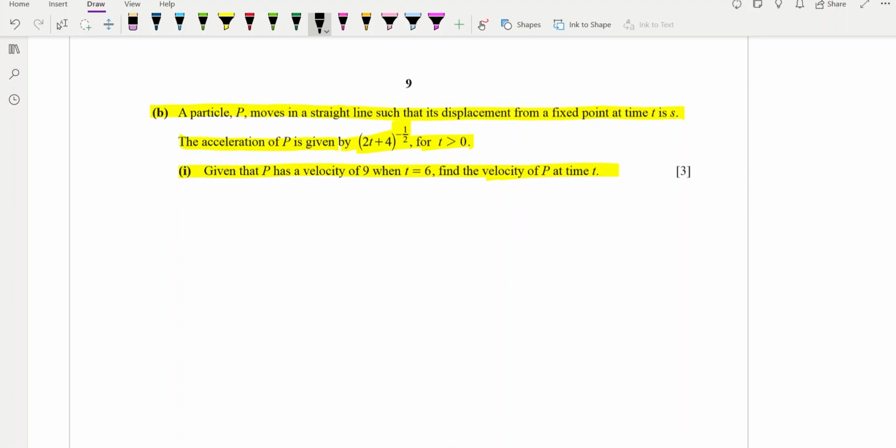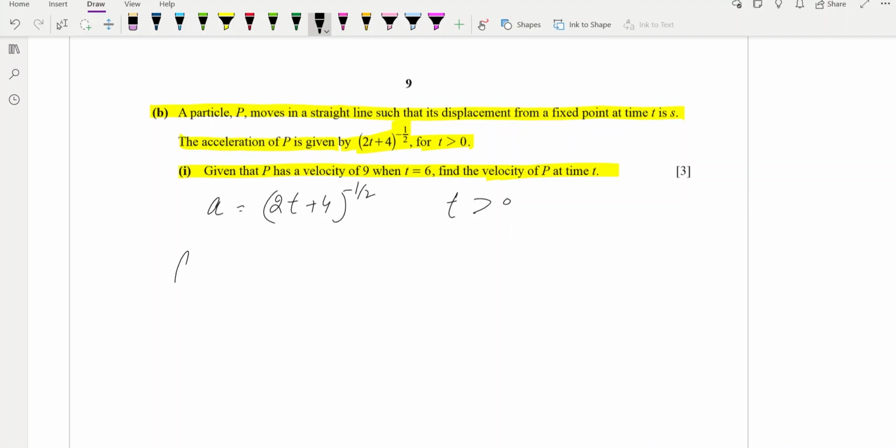So acceleration is provided, a is equal to (2t plus 4) raised to the power minus 1 by 2, and they have given t is greater than 0. So we have to find, basically we can integrate this.